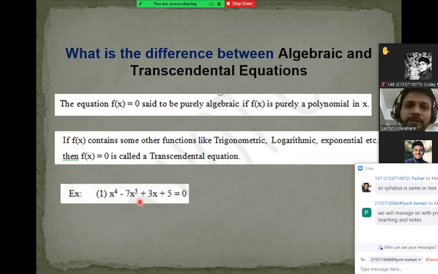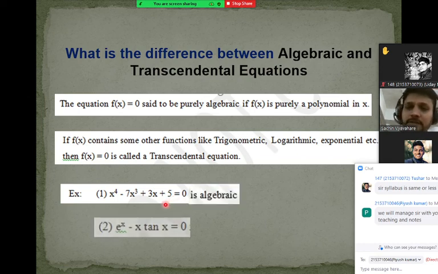Now, here is this equation. Can you tell me whether it is algebraic or transcendental? You will observe only the terms of x raised to n appear there, so it is an algebraic equation. Next, what about this equation?